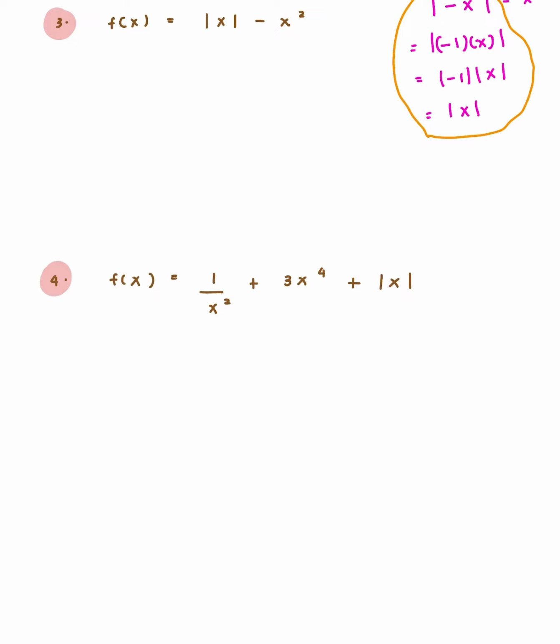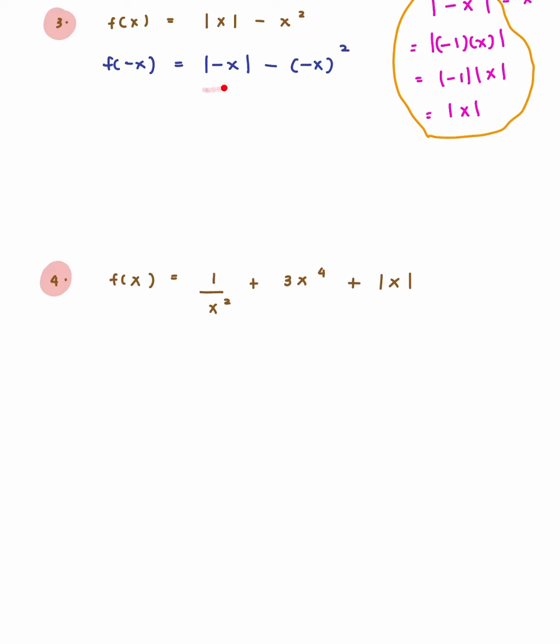If you want to determine even and odd function and you are dealing with the modulus symbol or absolute value symbol, okay, let's try out this question. How to recognize whether this is even or odd? Substitute negative into the question. So all x will be negative x. This is modulus of negative x minus negative x squared.